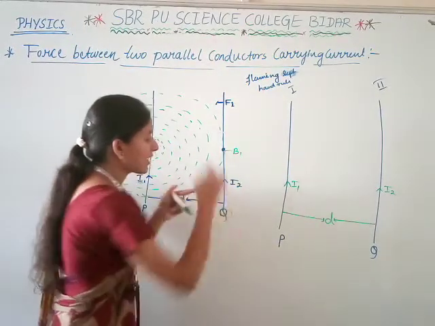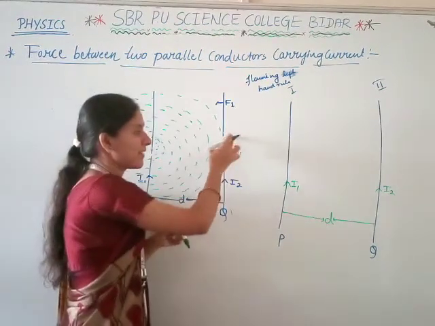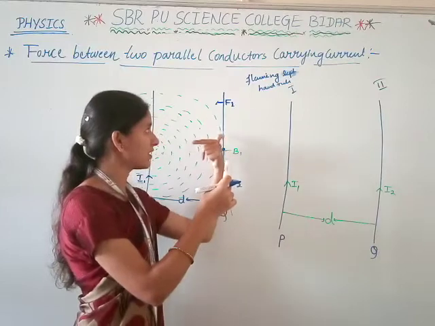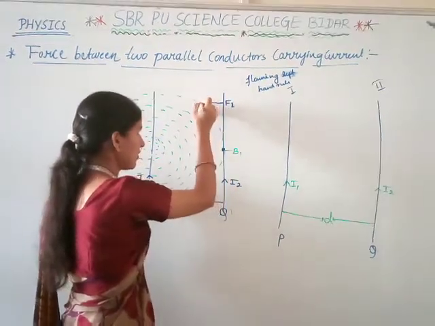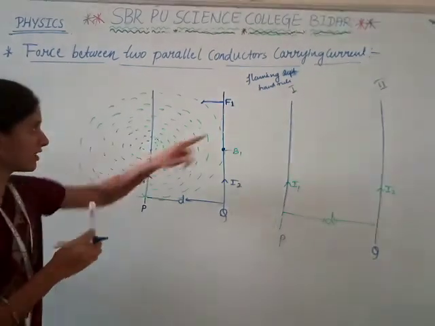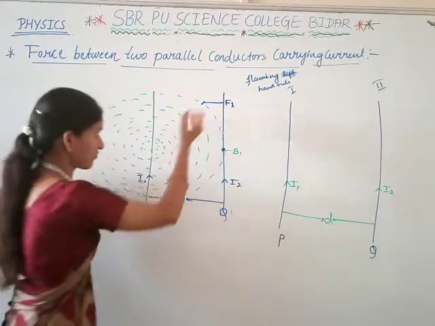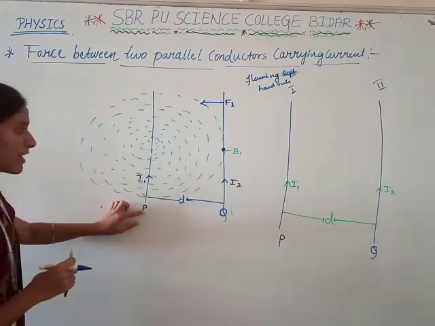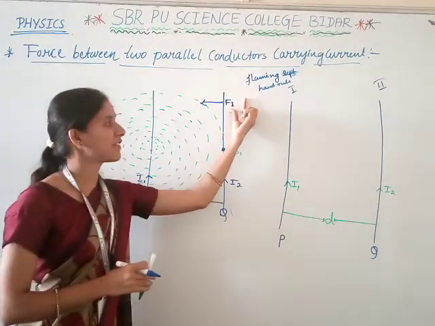When the current I2 flows in this direction, the direction of the force is inward, toward the conductor. This is the direction of the force F1. By using conductor P, we find the magnetic field B1 and force F1.